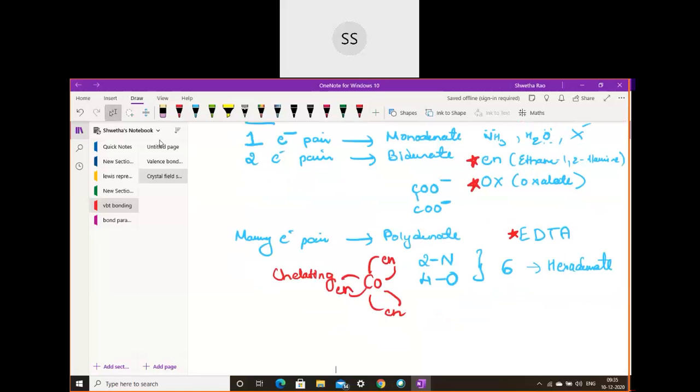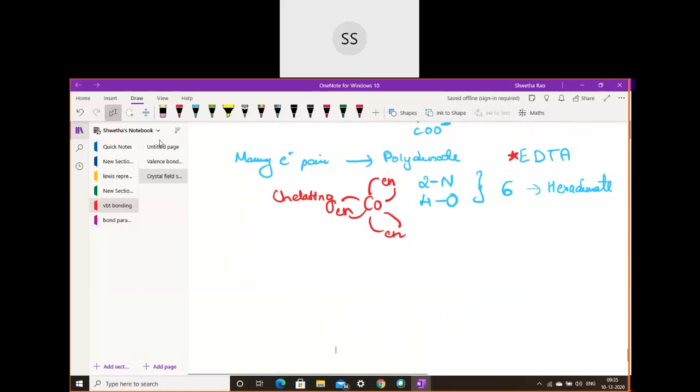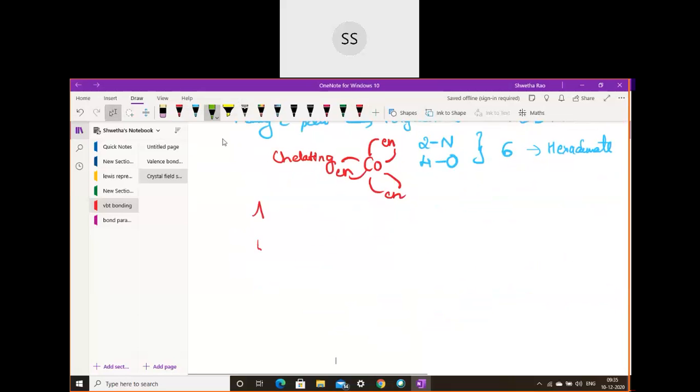These three which I have put a star mark on are chelating, meaning they form ring-like structures. They can bind with two donating groups, so they will close that whole structure. For example, if I have cobalt here and en is linking, it will donate 2 electron pairs, no? So like this, it will be bound to the cobalt. If I take one more en, it will be like this. So they will form this ring-like structure. You can see a ring is being formed here, and this will be more stable also.